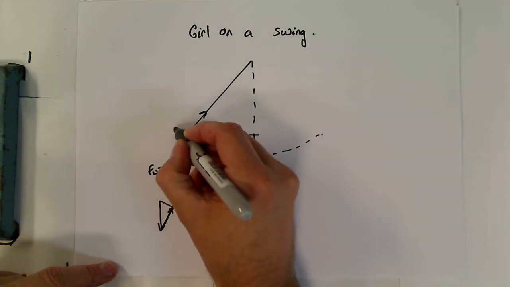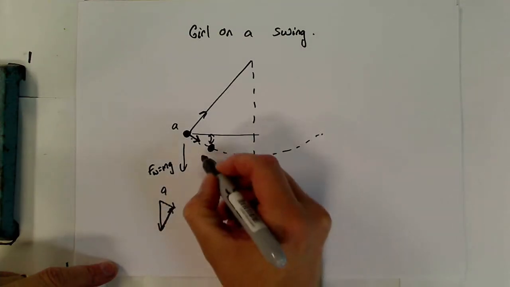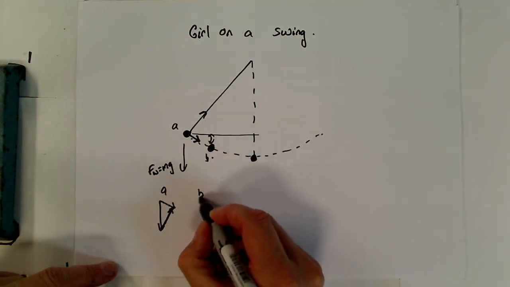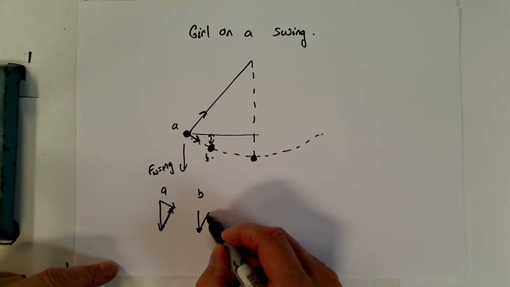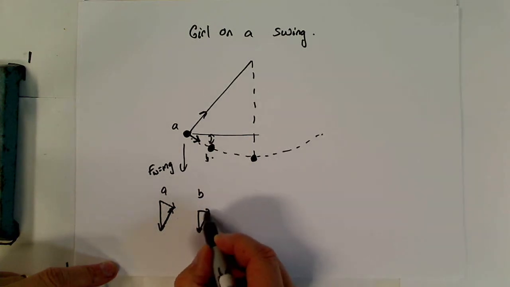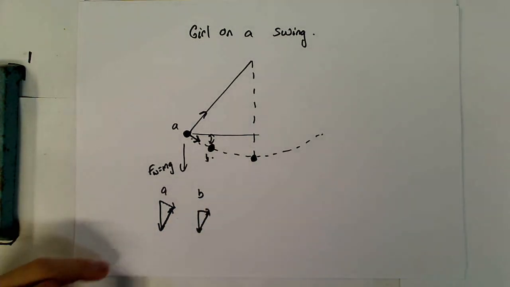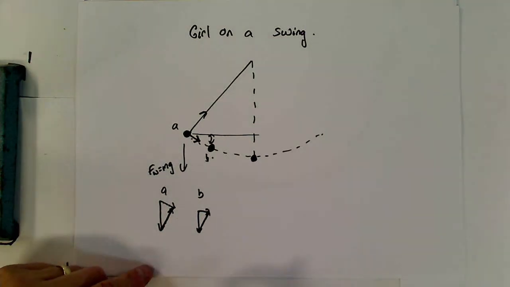So if that was position A, that's the force diagram for A. If this is position B, then for the force diagram for B, we've got the same old weight force as usual. Our tension force at this stage may have increased to the point that we now have a net force going towards the equilibrium point, towards the middle, and it's that net force which is now supplying the centripetal acceleration.